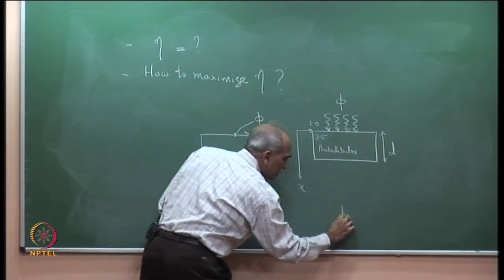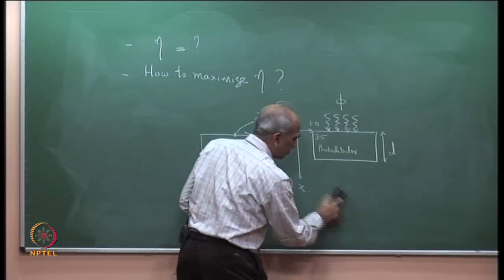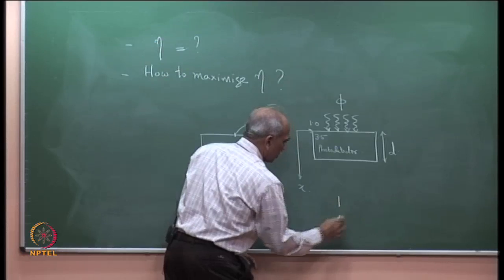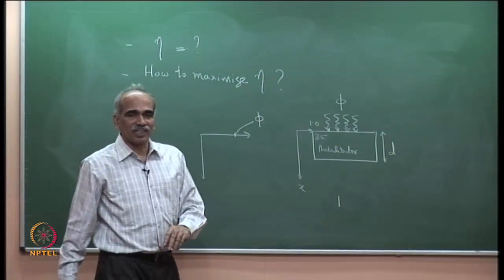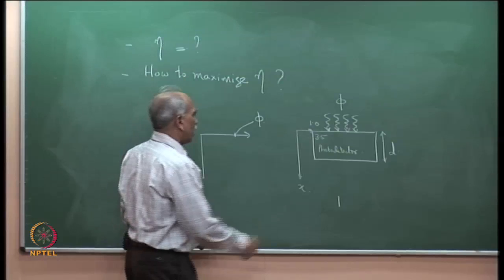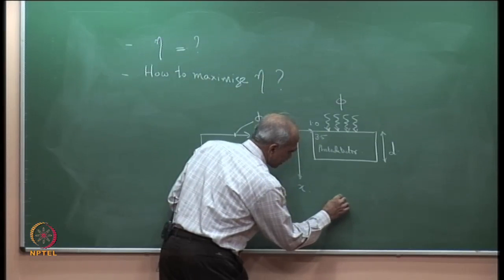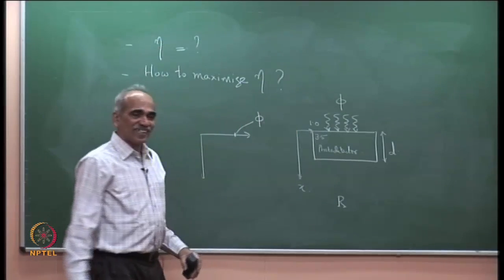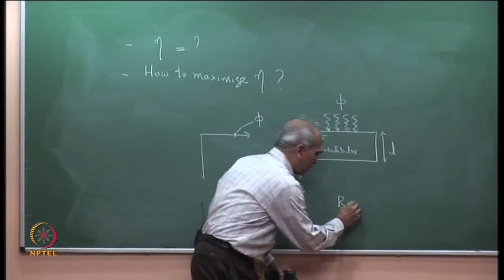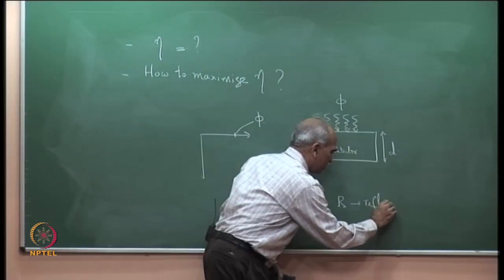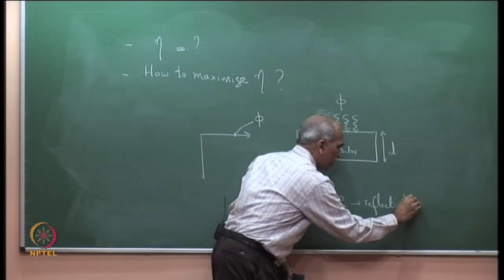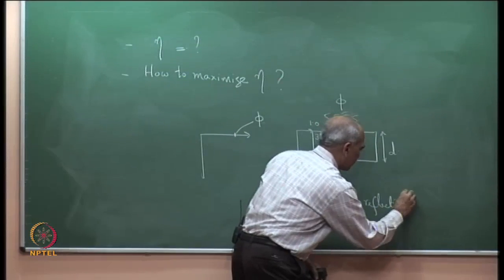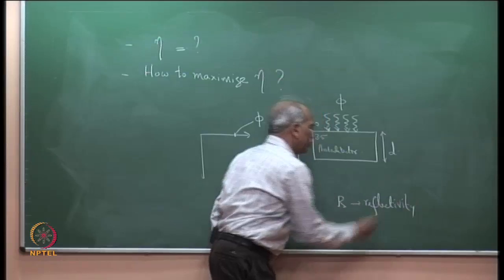So, if R is the reflectivity, I have to use some other symbol. Small r is for amplitude reflectivity. By convention, capital R, let me write the Roman capital R, is the reflectivity.